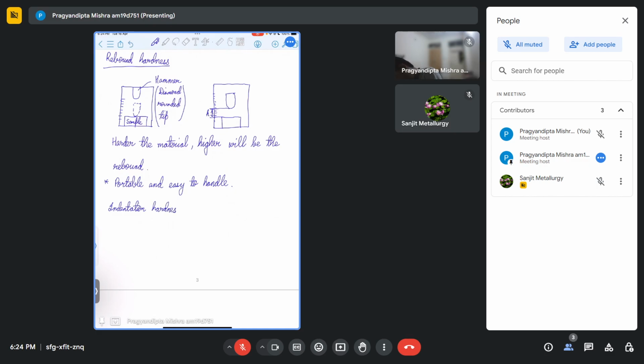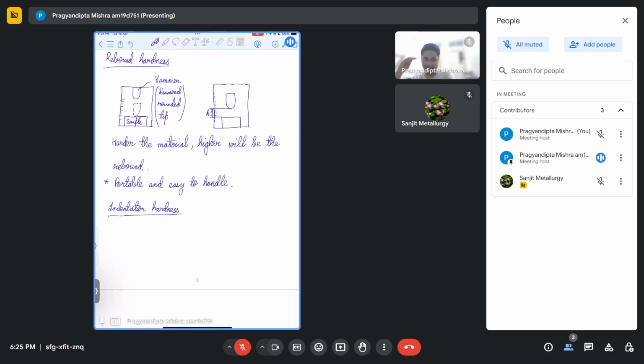As the name suggests, the concept behind indentation hardness is that you take a specific indenter, it could be a ball indenter, a cone indenter, or any other type of indenter, and you press it onto the sample. The depth up to which it is getting pressed in, or the area up to which the indenter is able to press onto the surface, is measured.